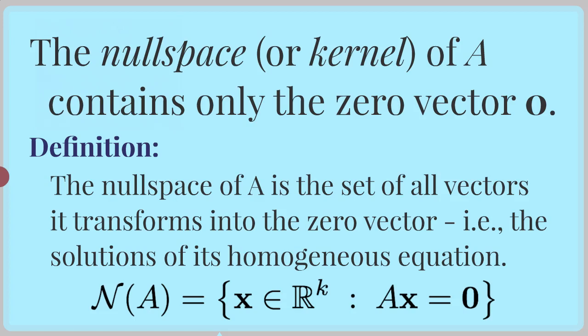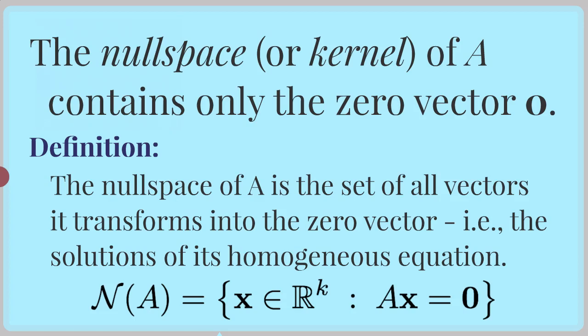Now, what's a tool that we can use to determine whether or not a given linear system of equations has unique solutions? Remember, the uniqueness of solutions in a linear system is governed by whether or not that system has free variables. If my system has a free variable, then I can choose a different value for my free variable and get a different solution to any consistent equation that that matrix defines.